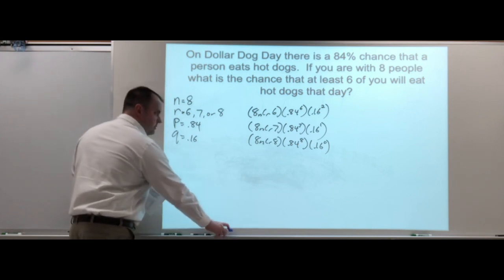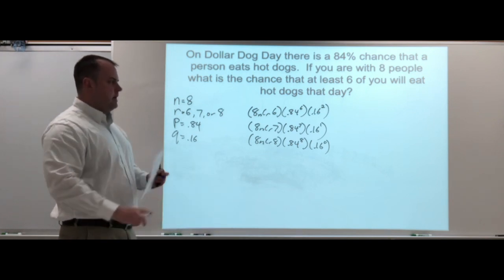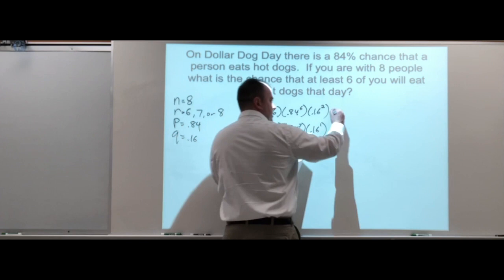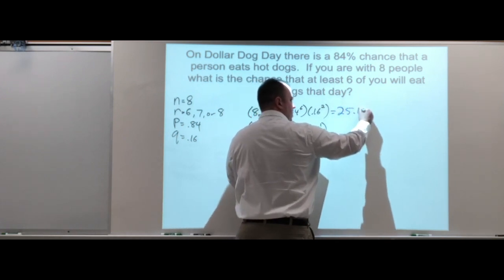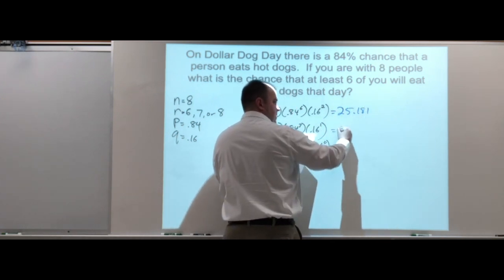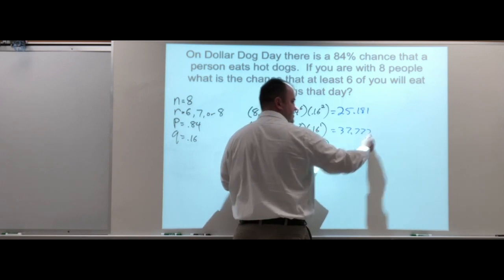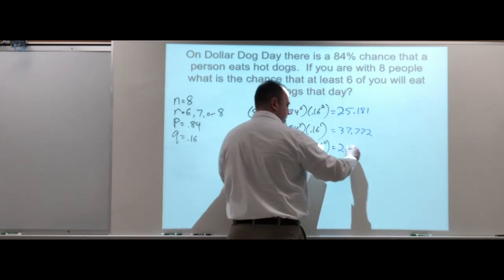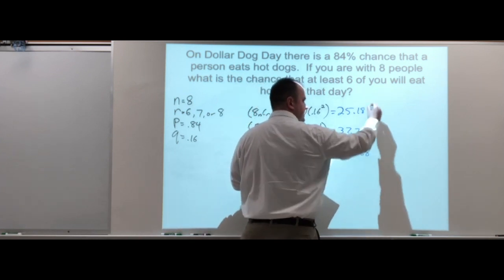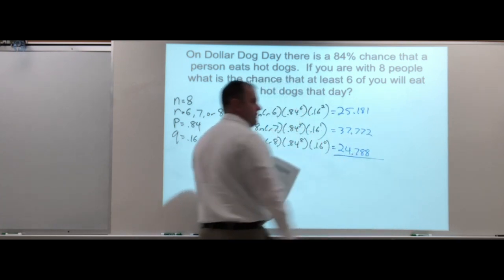I'm going to write out all these probabilities, take the time, plug them all in, and you should end up with 25.181, 37.772, 24.788. And now we have to put all these together.